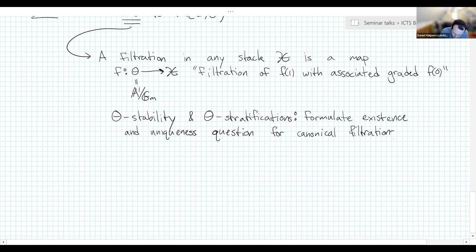And it also allows you to discuss a stratification when you have existence and uniqueness of canonical filtrations. You can say, what does it mean to stratify X by the type of the canonical filtrations.